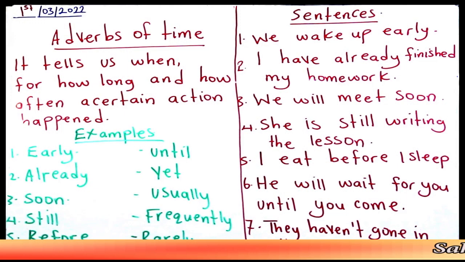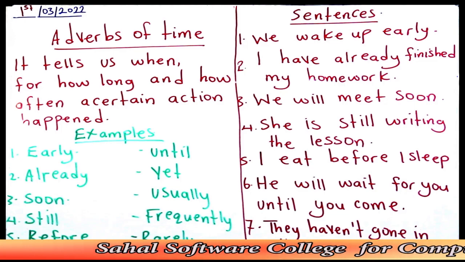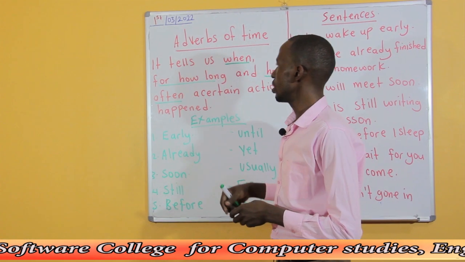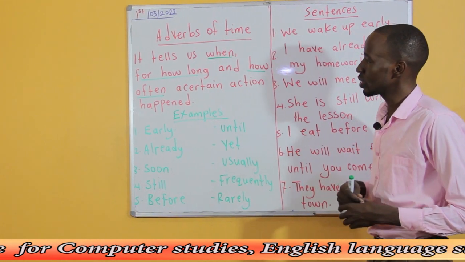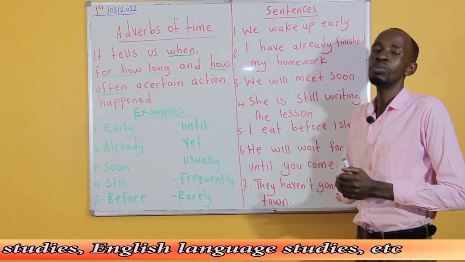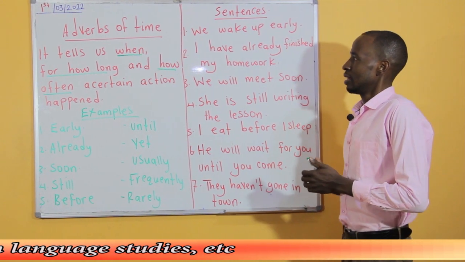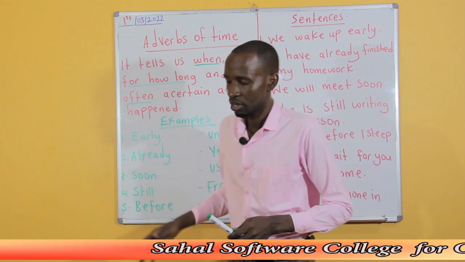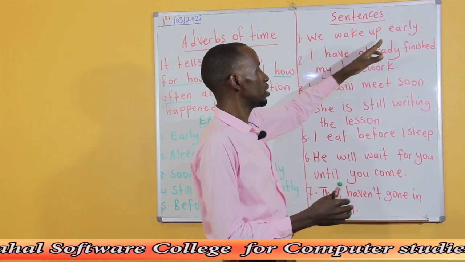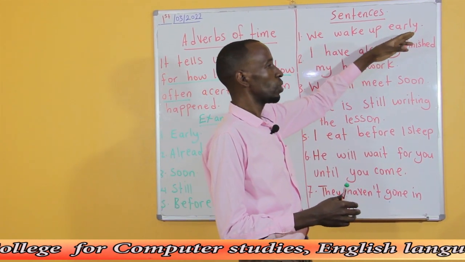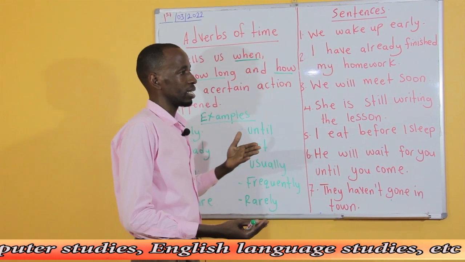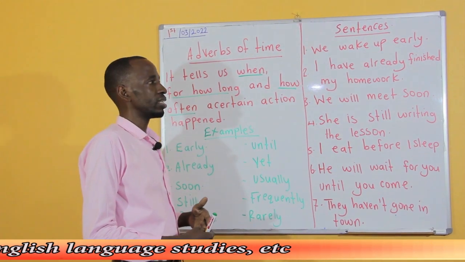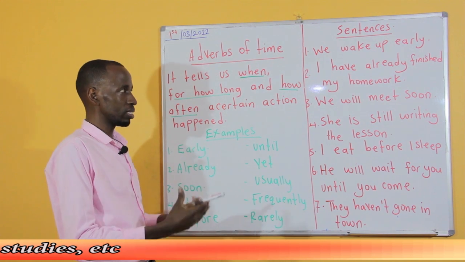Adverbs of time are very important because they talk about when you do the action, how long you do the action, how often you do the action. Now, of course, the opposite of early is late.